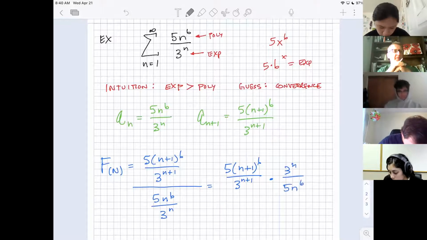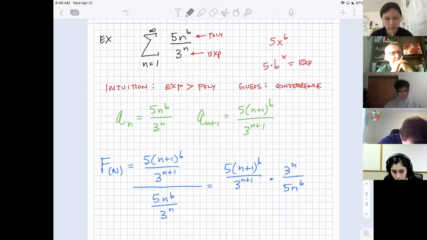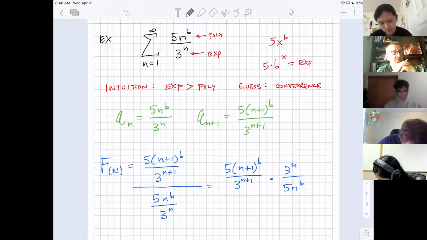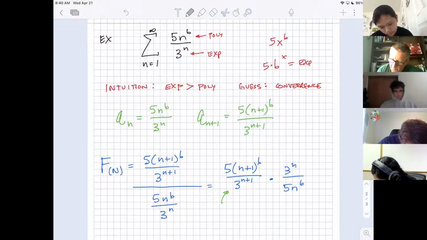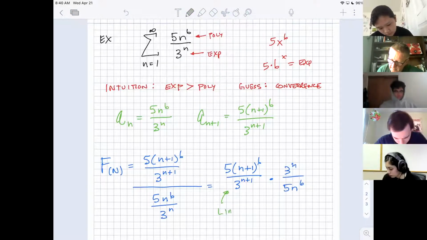Let me give you a second to play with that yourself. Can you clean that up at all? Can you simplify that a little bit? Can you get rid of some stuff? Remember, we're ultimately interested in the limit of this statement as n goes to infinity.